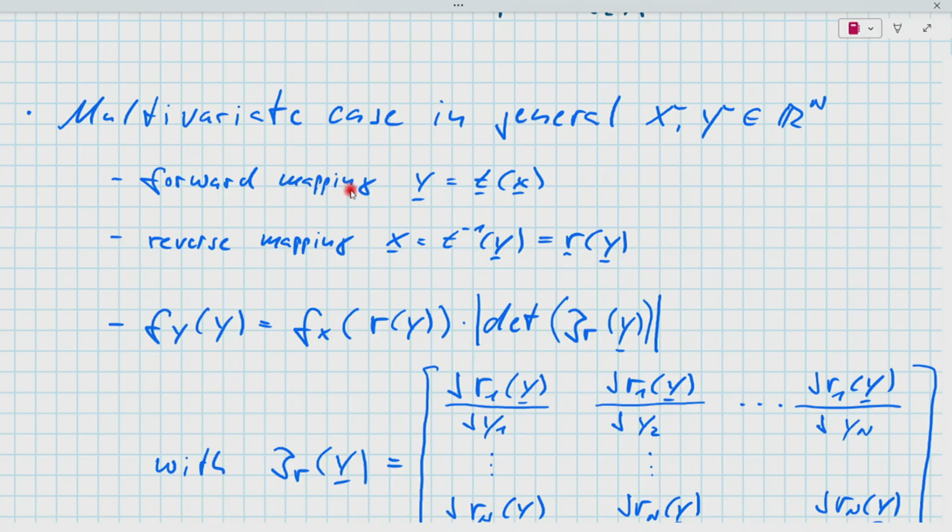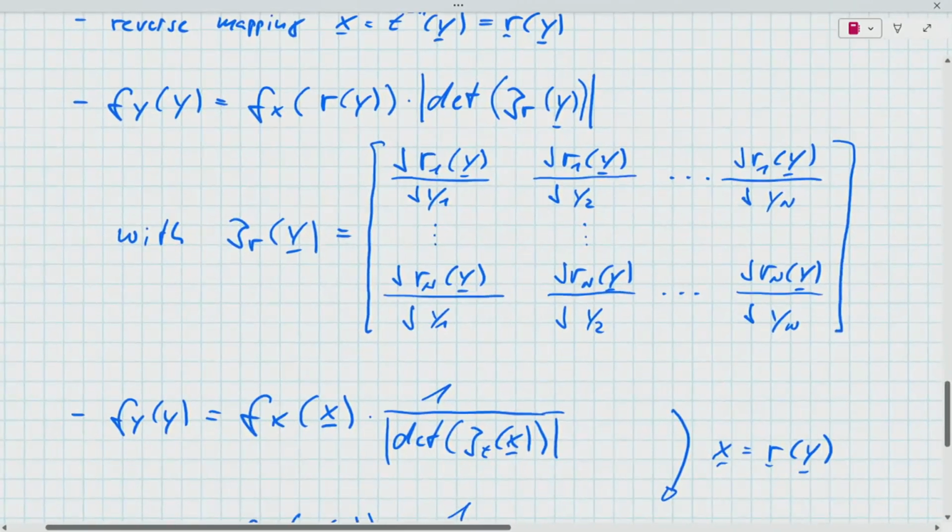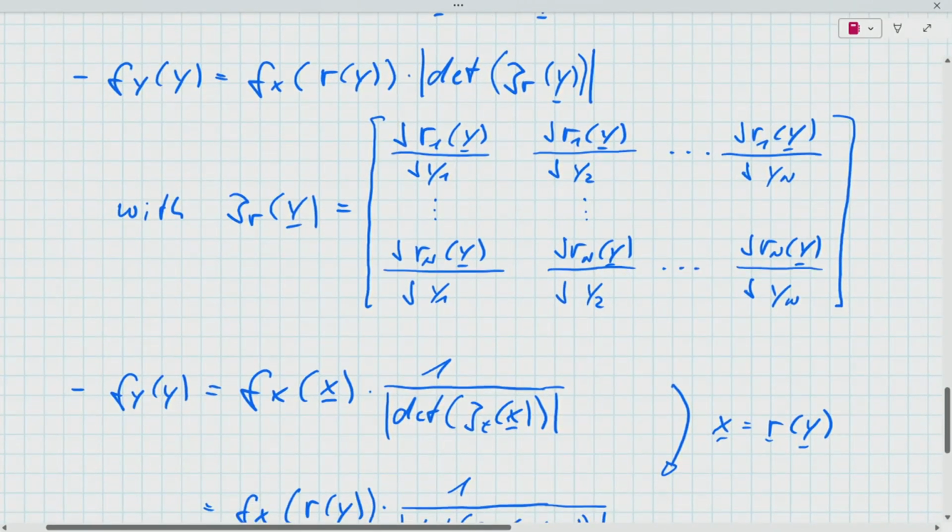We again have this forward mapping t, and we have the reverse mapping t to the minus 1 of y, or r of y, as we called it, and then we get exactly the same thing, but for a higher number of variables. So the first formulation is again plugging in the reverse mapping times the determinant of Jr, and Jr is the Jacobian with respect to the reverse mapping.